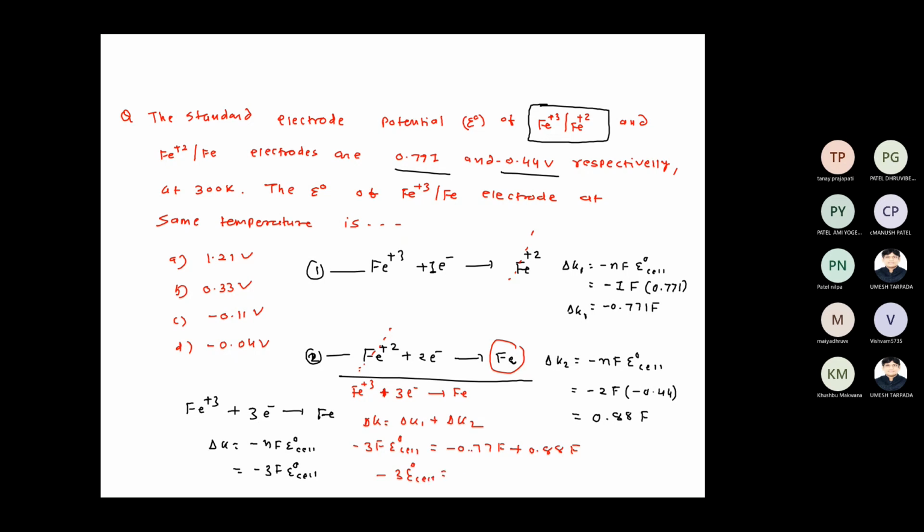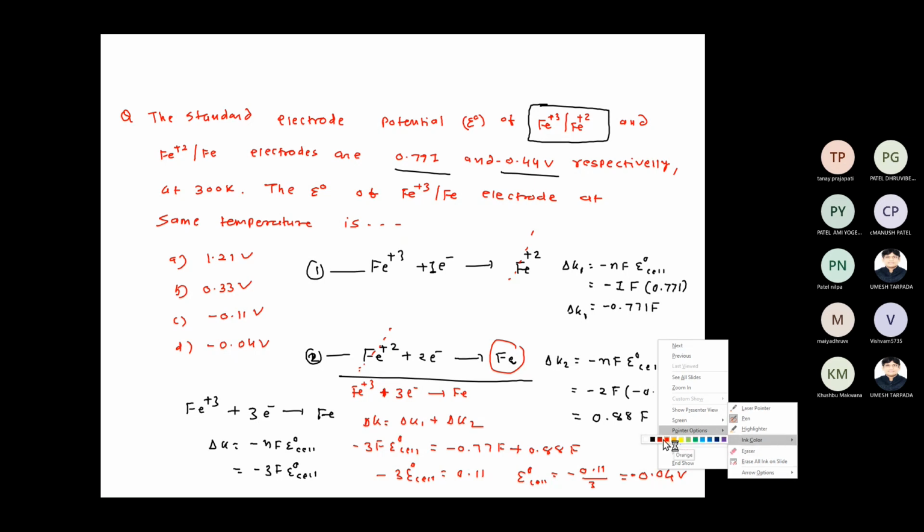Minus 3 E cell is equal to minus 0.77 plus 0.88, that is 0.11. So E cell is equal to minus 0.11 by 3. So 3 fours are 12, almost it's 0.04 something. This becomes your answer.